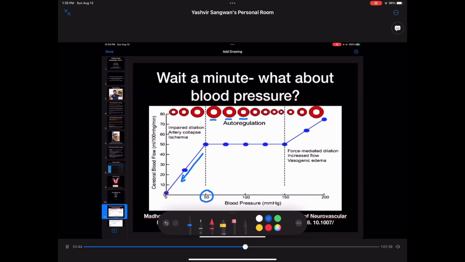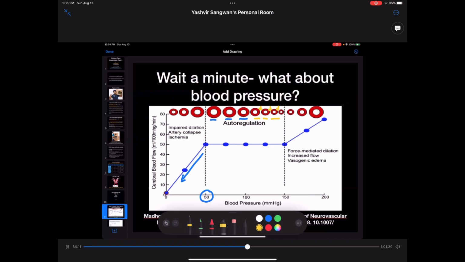Same way, if you keep increasing the perfusion pressure, in order to regulate the blood flow, the vessels will constrict. They will become smaller and smaller in size, after which they have reached the limit of how much they can constrict.